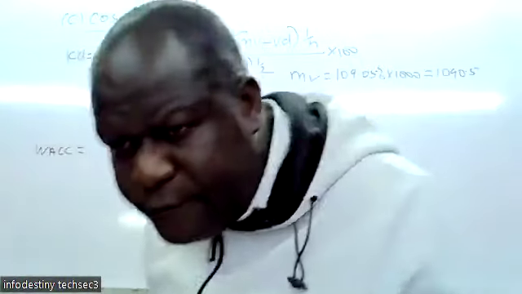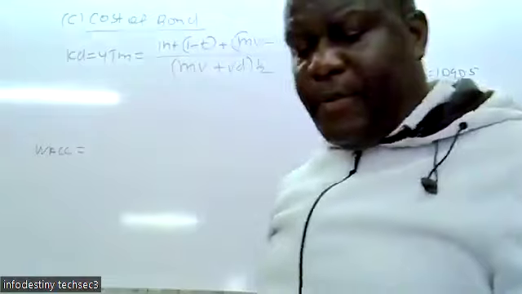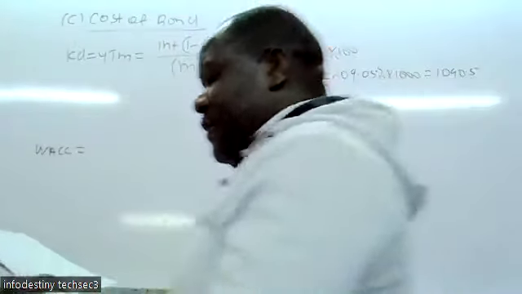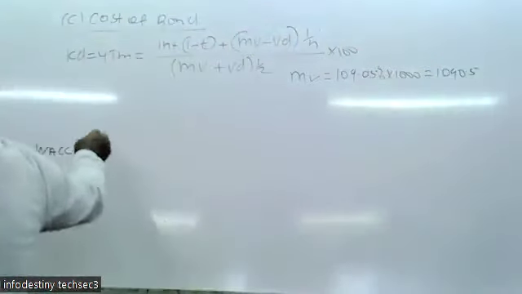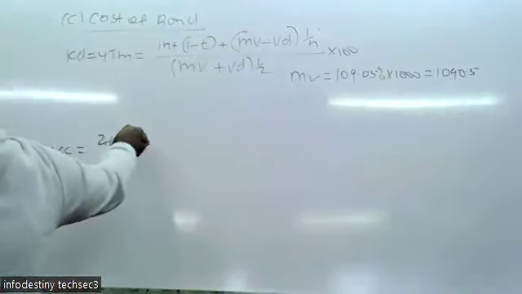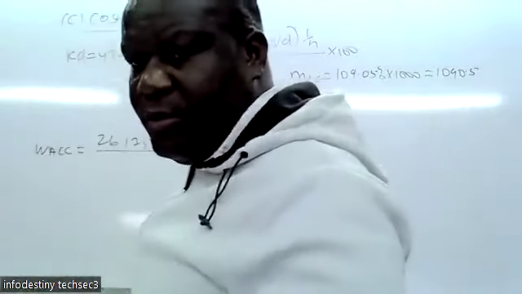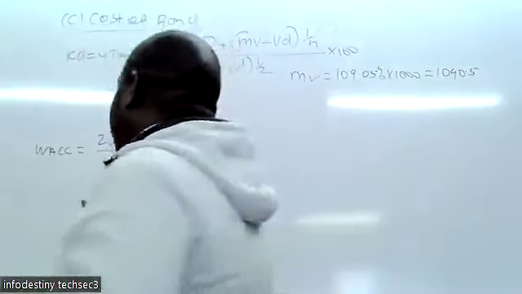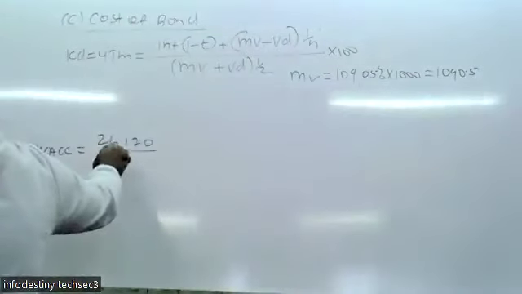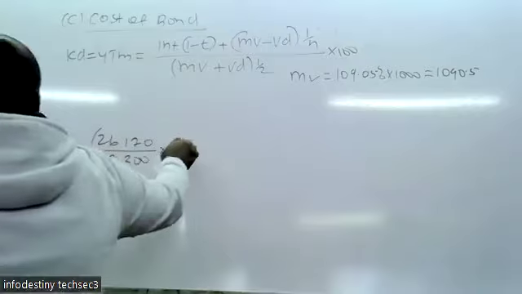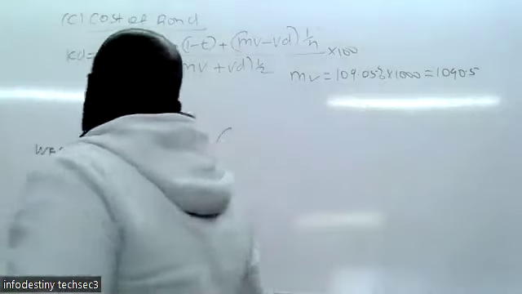I've seen 43,300. So we start with the ordinary shares: 26,170 divided by the total, 43,300, multiplied by 14, the cost of the ordinary share.